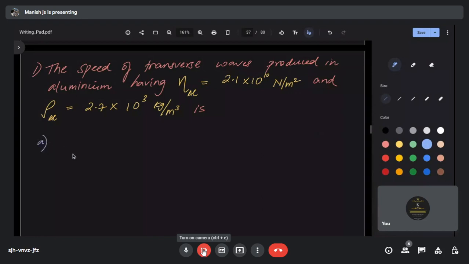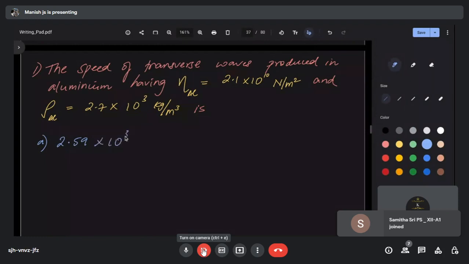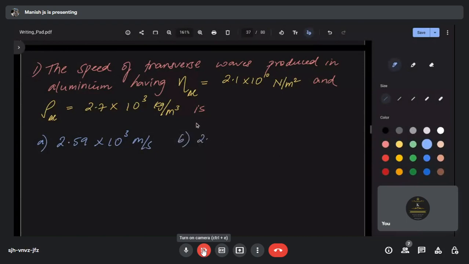Option A, 2.59 into 10 power 3 meters per second. Option B, 2.69 into 10 power 3 meters per second.